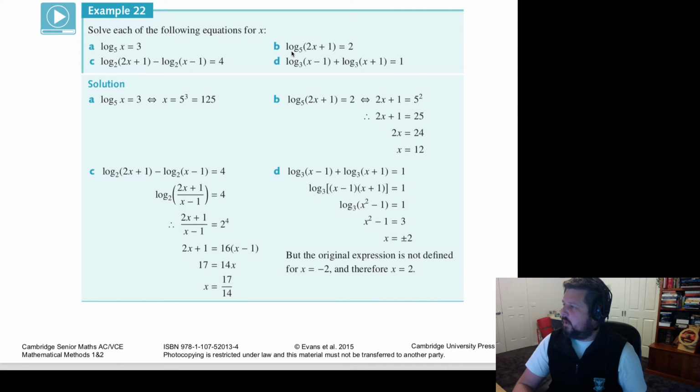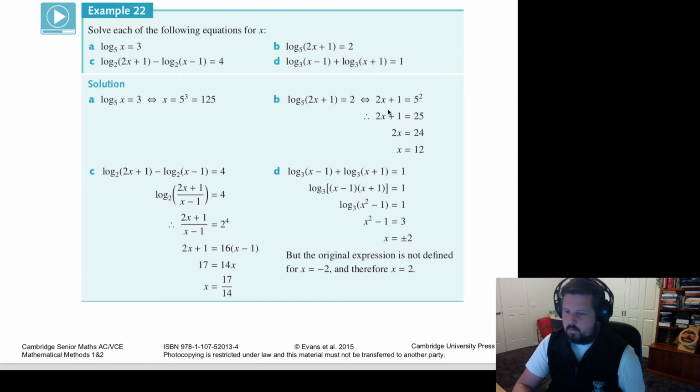This one here, we've got log of 2x plus 1 to the base 5 is equal to 2. Again, it's just a matter of changing that format. So we know the 2x plus 1 is equal to 5 to the power of 2. So the first step is to change the format that we discussed at the start.